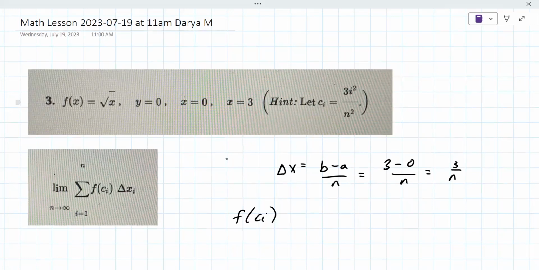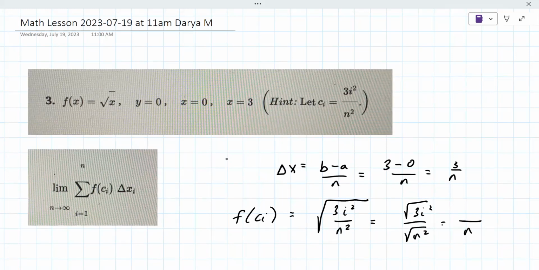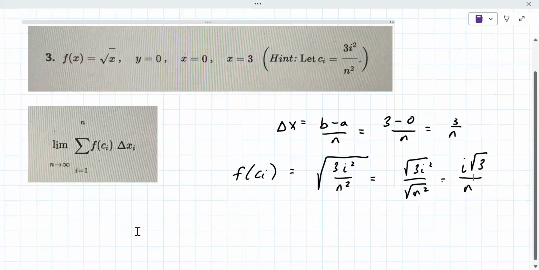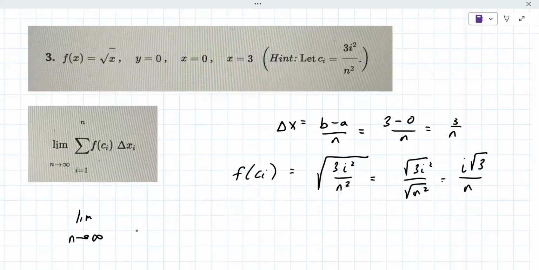I don't know why they're giving that to you in this problem, other than I think that because it's the square root of x, it's the square root of 3i squared over n squared, which becomes the square root of 3i squared over the square root of n squared, which is n on the bottom, i on the top, square root of 3. And then you're taking a limit as n goes to infinity, sigma i equals 1 to n, i square root 3 over n times 3 over n.